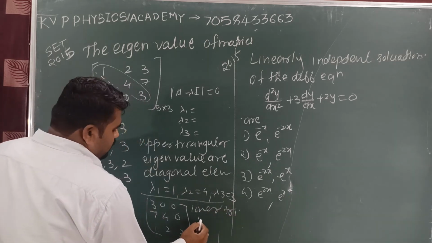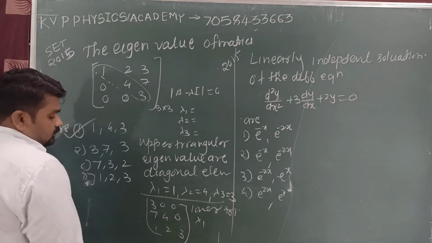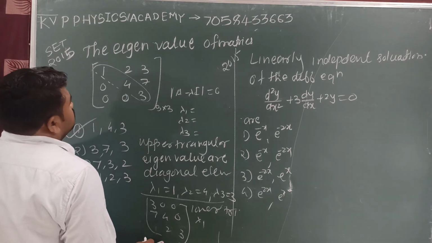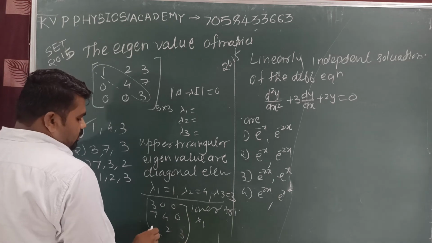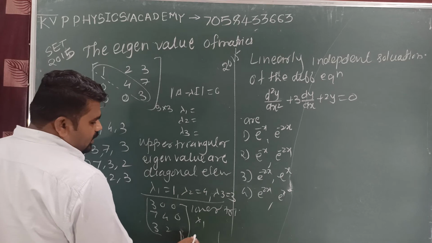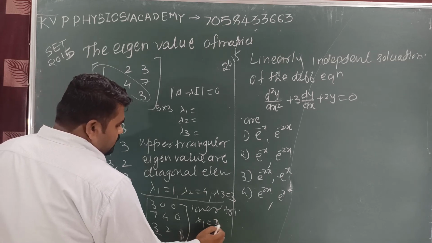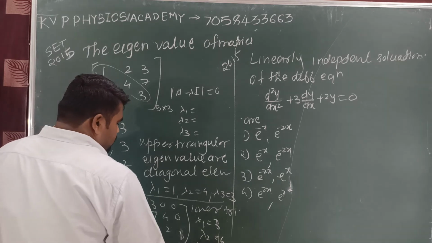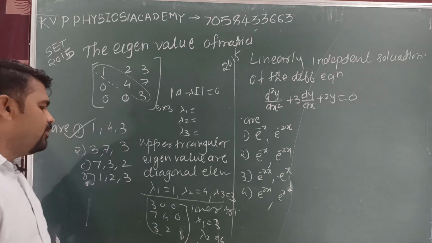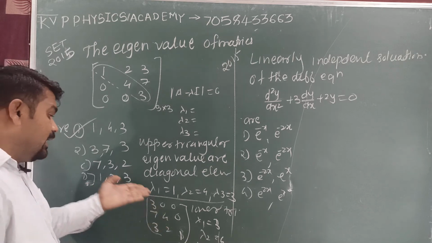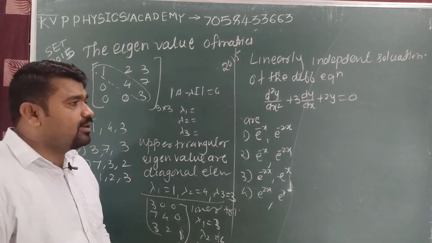Then the eigenvalues: lambda 1 is equal to 3, lambda 2 is equal to 4 and lambda 3 is equal to how much? 1. Got it? This is the eigenvalues for this one. Means for a lower triangular matrix or upper triangular matrix, the diagonal element values are nothing but the eigenvalues.